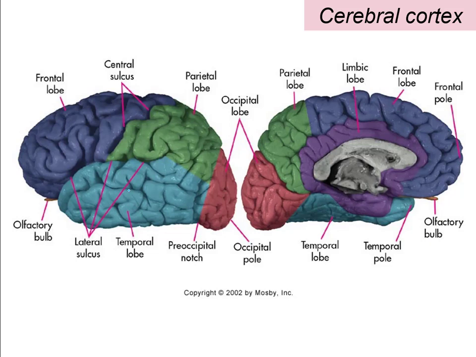And the terminology is that the grooves down are sulci, the singular being sulcus, okay, from the Latin, and the crests are gyri, or gyrus, okay? And so we'll talk about individual gyri within the lobes, okay?